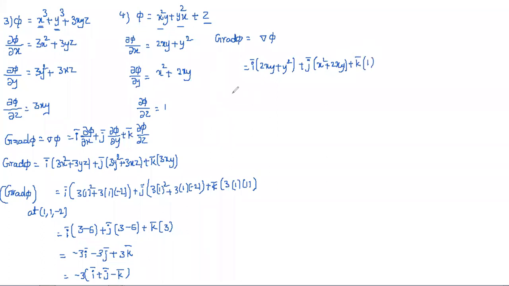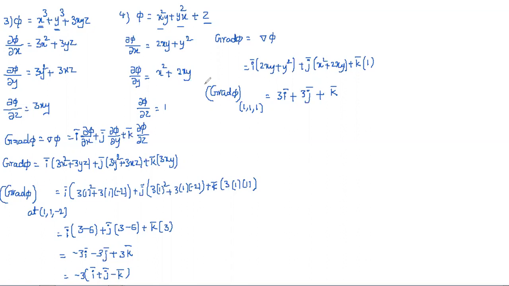Now they asked for the gradient of phi at a specific point, which is 1, 1, 1. If you substitute x as 1, y as 1, we simply get 3i plus 3j plus, nothing to substitute here, that is k bar. So 3i plus 3j plus k bar. So that is the fourth one.